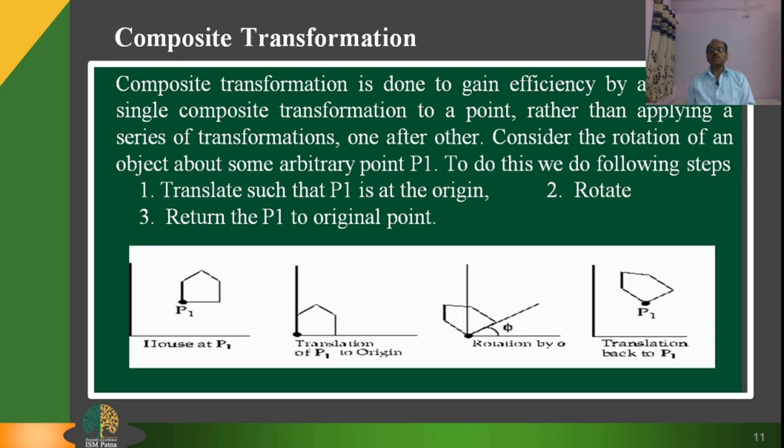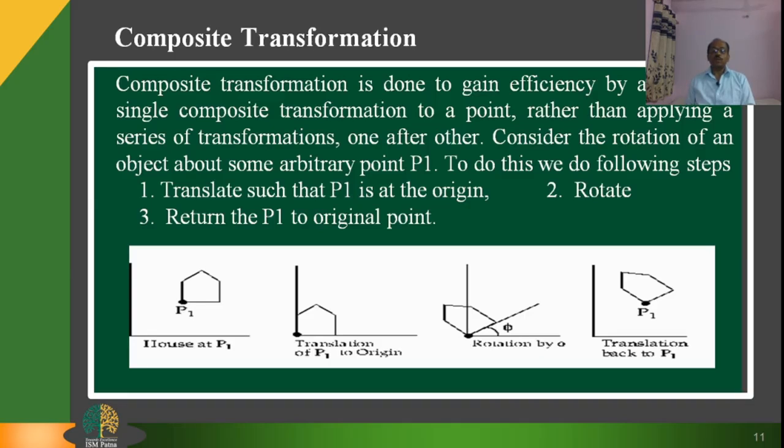So, to do this, we follow these steps. If we have an object which is at the origin and it has to be translated and rotated, with the help of composite transformation, we may do it.